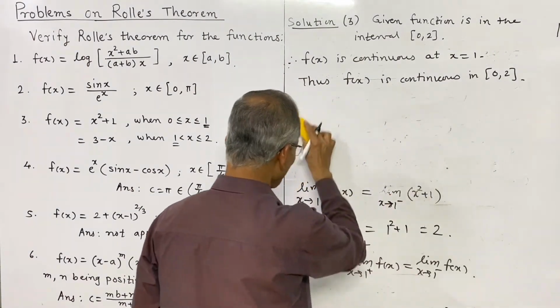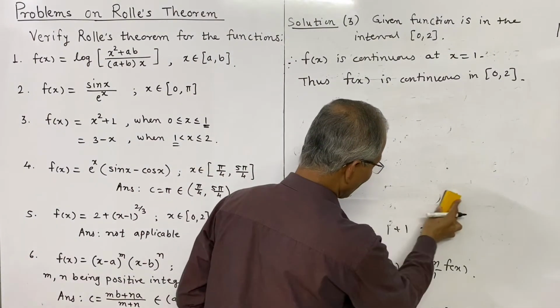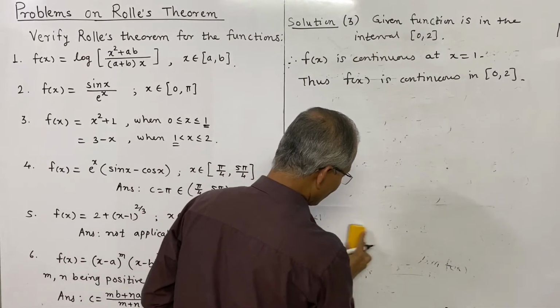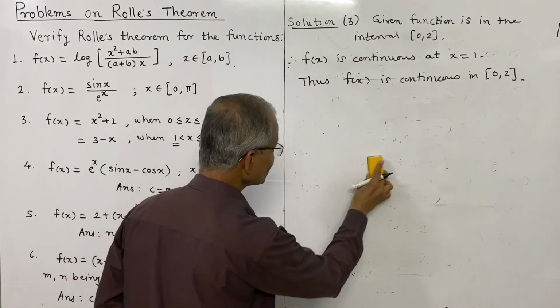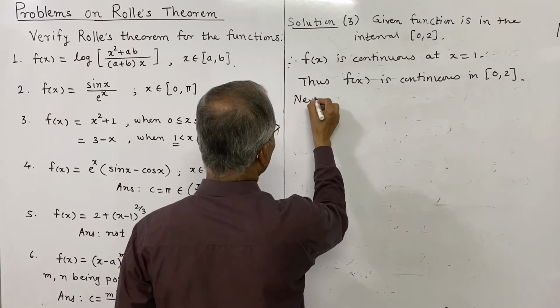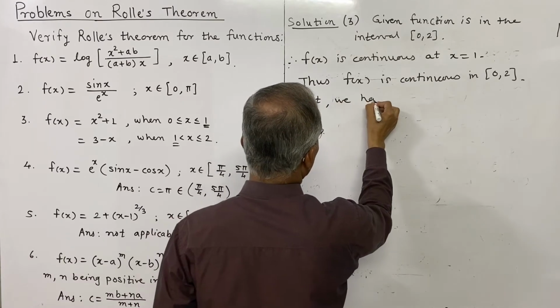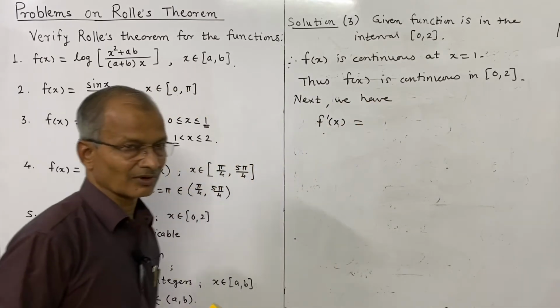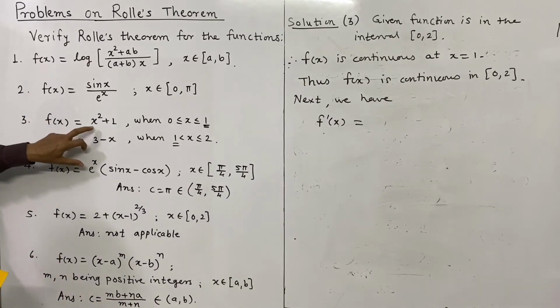Now what about derivability, whether the function is derivable or not? For that purpose we shall consider the derivative of f of x, that is f dash x. Now we can differentiate this.